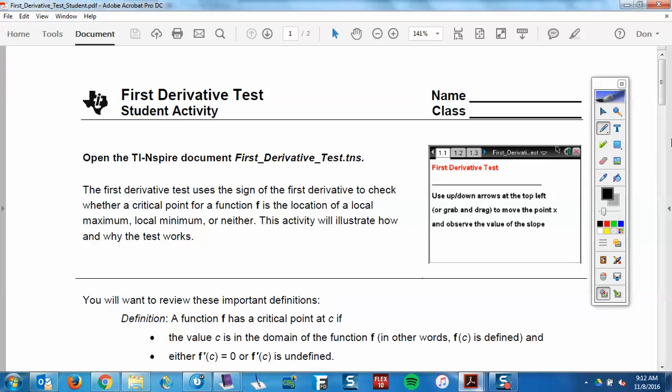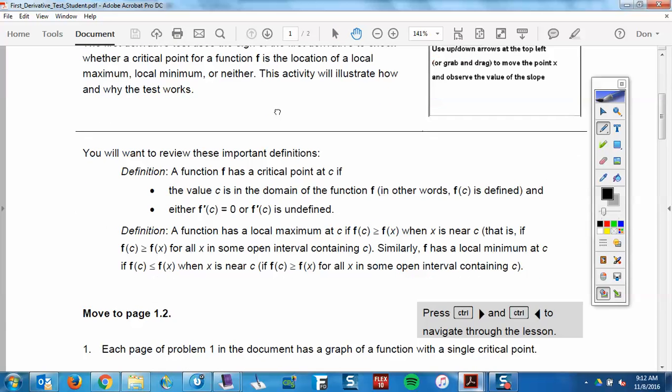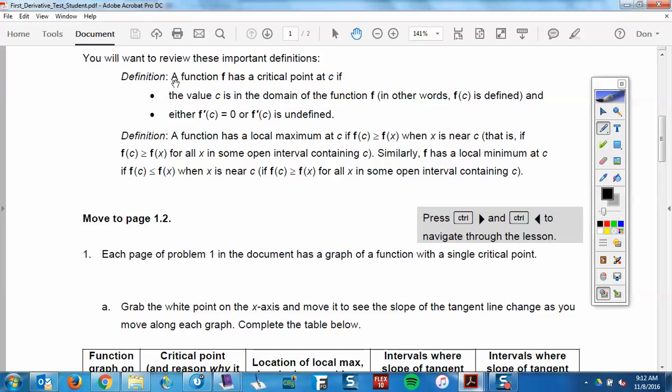There we go. All right, so you're going to work your way through this. So, read these definitions. A function f has a critical point if the value c is in the domain of the function, and either f prime is 0 or f prime is undefined. So that's what we talked about, a critical point.